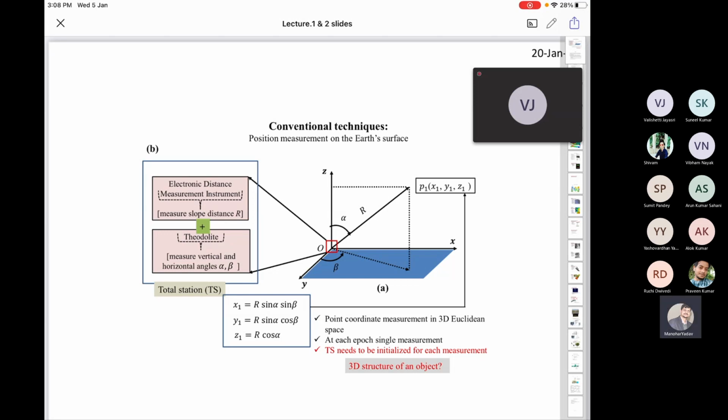Unit vectors you need to define. Along X, let's say it is I, along Y, J, and along the Z axis, it's K. Unit vectors generally define the direction of the line.